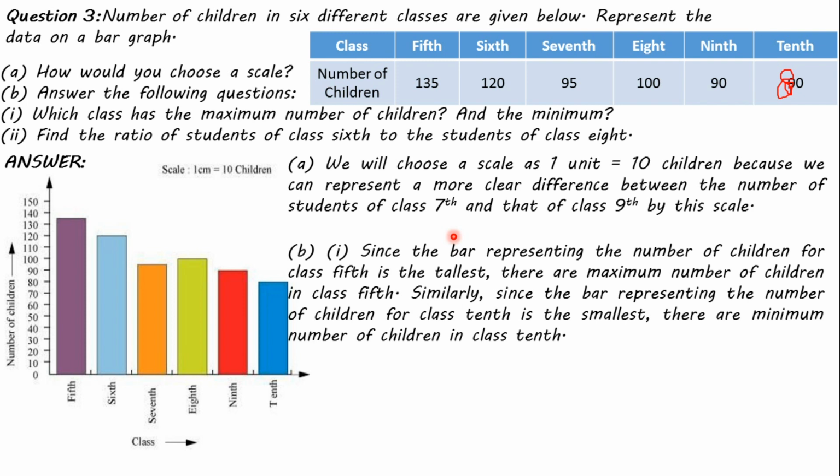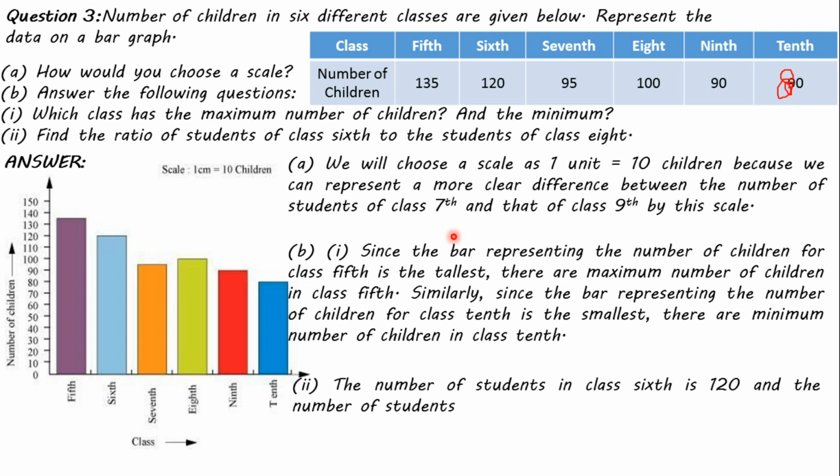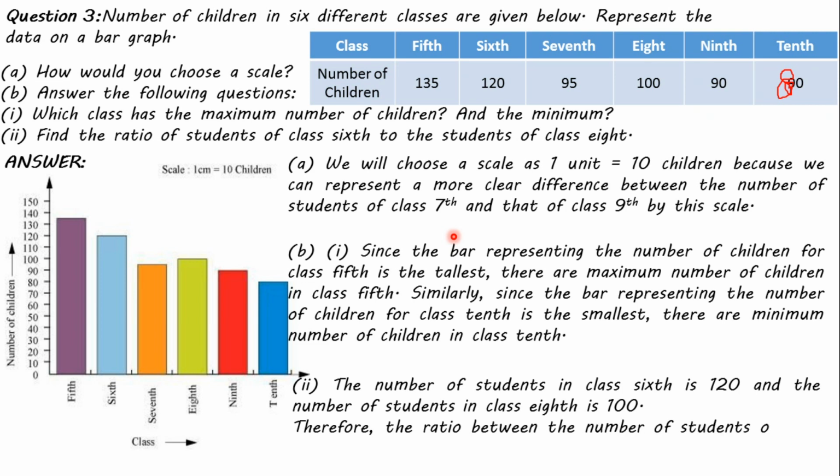Now the last part. The number of students in class 6th is 120 and the number of students in class 8th is 100. Therefore, the ratio between the number of students of class 6th and class 8th equals, here what you need to do is divide 120 upon 100.